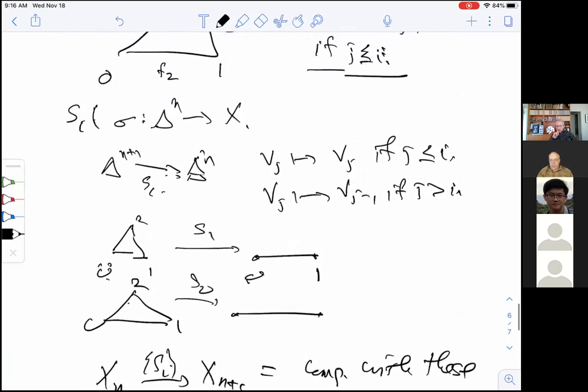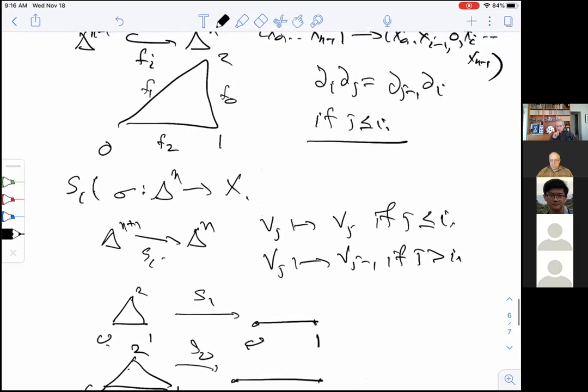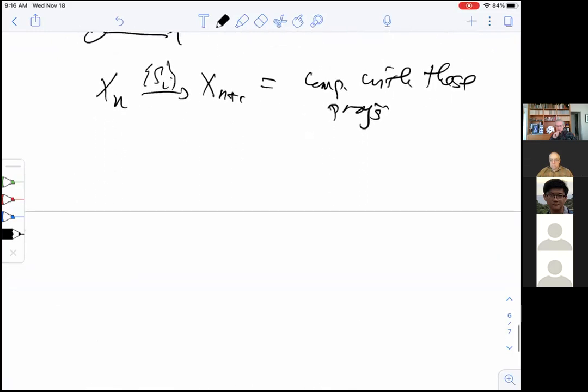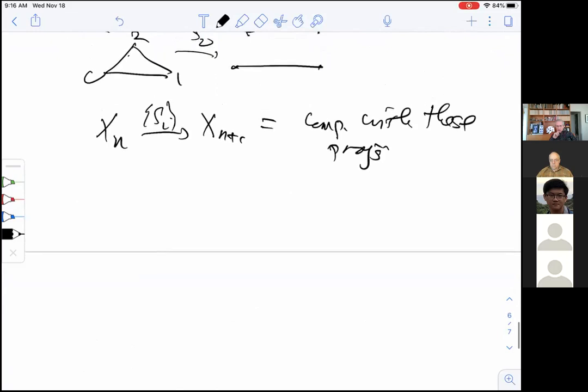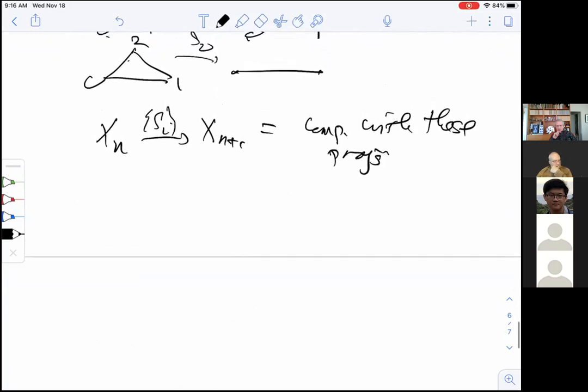And they all come out of what's true in this special case. Just look at what's true in the special case, and that's what's true in the general case. All right, so that's the simplicial set.